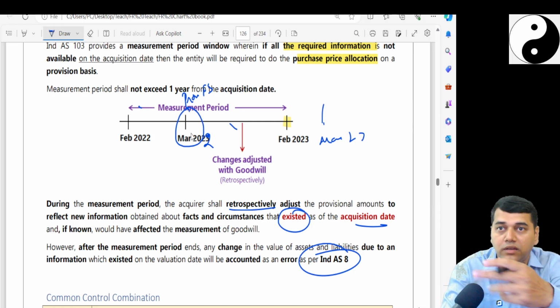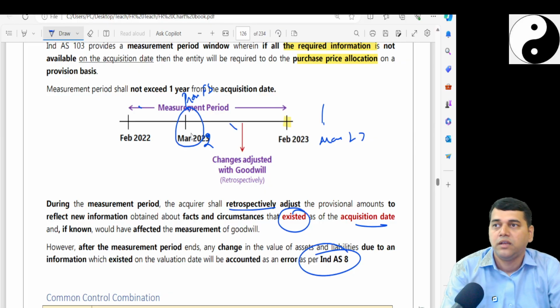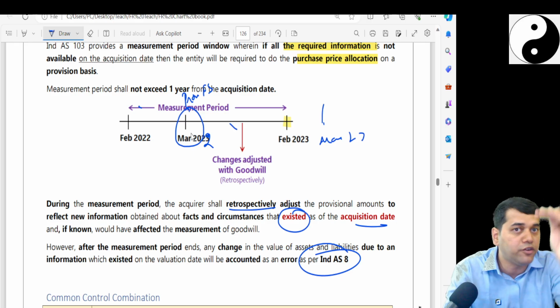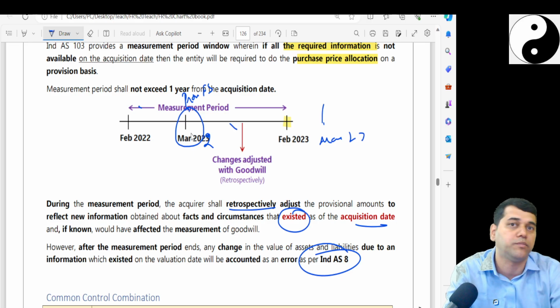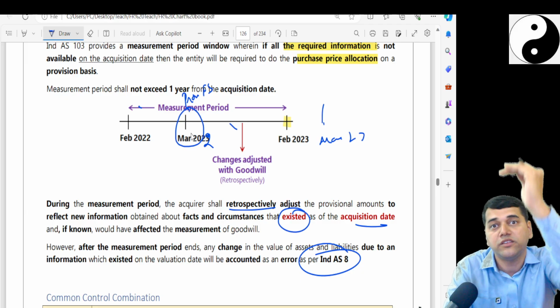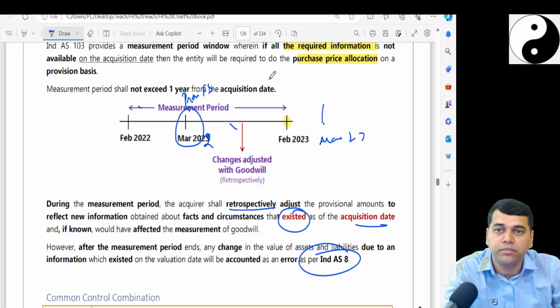We'll solve one problem and get a better understanding. But without measurement period adjustment, you will never touch goodwill unless it is impaired. So the only thing which will reduce your goodwill, other than measurement, is the impairment. And measurement period adjustment is only for 1 year, and it is capable of increasing or decreasing the goodwill. Understood the concept?